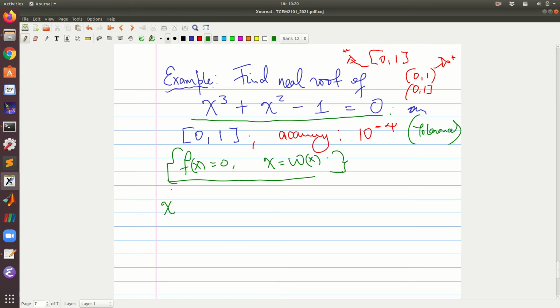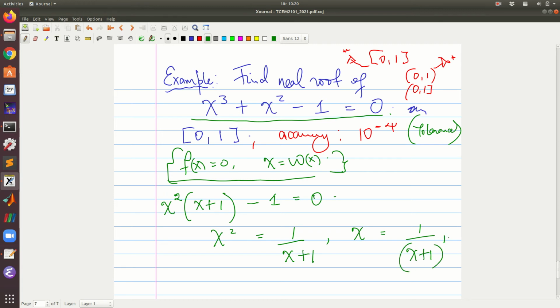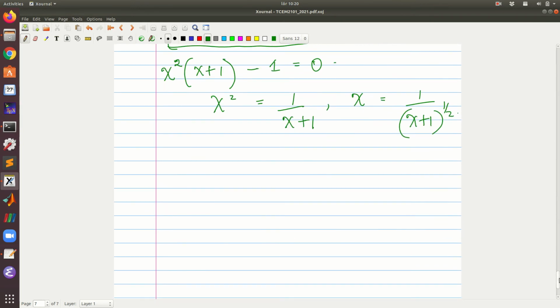One could perhaps write it in the form x squared times (x plus 1), minus 1, equals 0. Then we could make x squared the subject, so x squared equals 1 over (x plus 1), for which x equals 1 over (x plus 1) to the power 1/2, the square root. So we have one form, that one there.